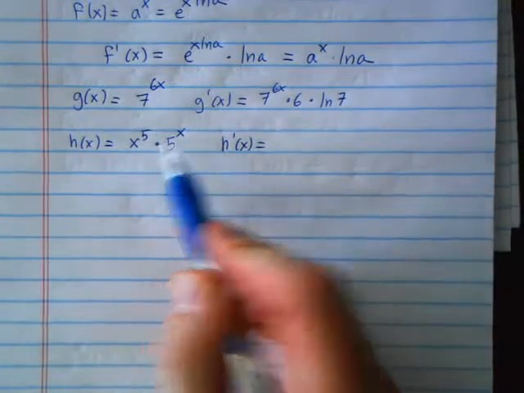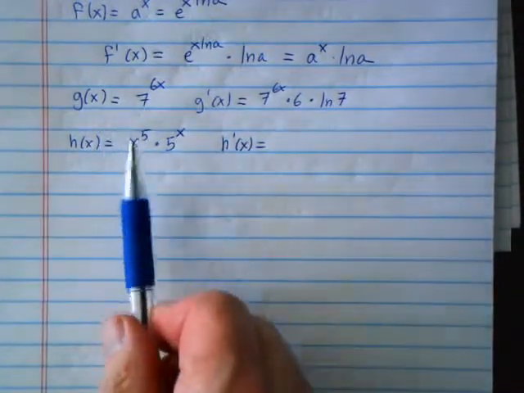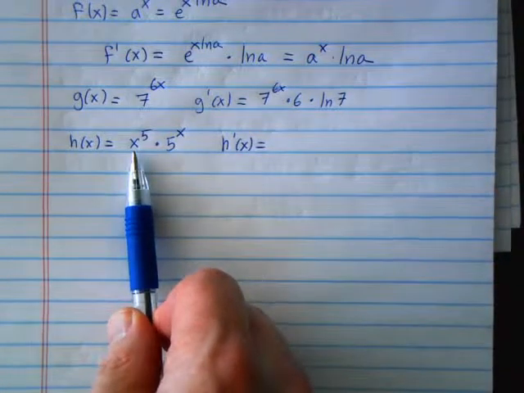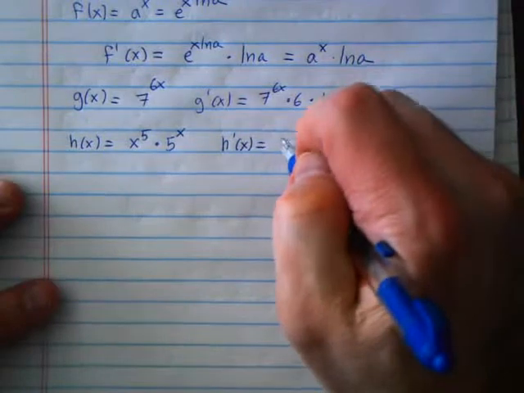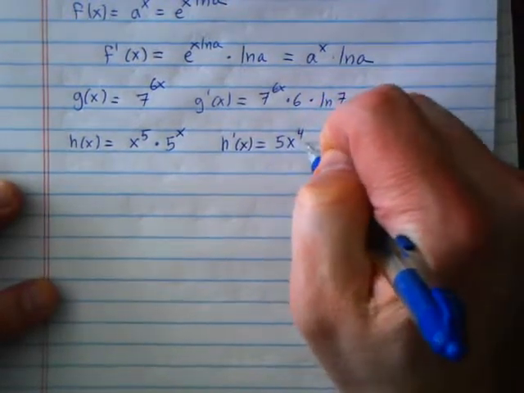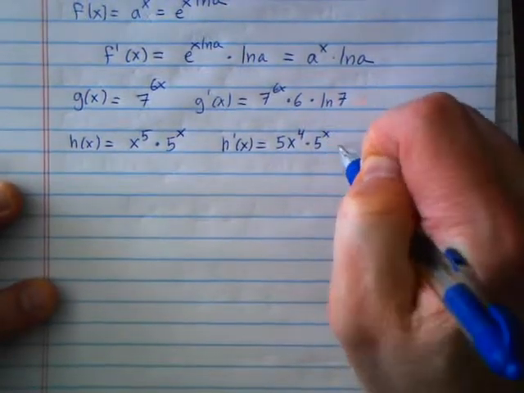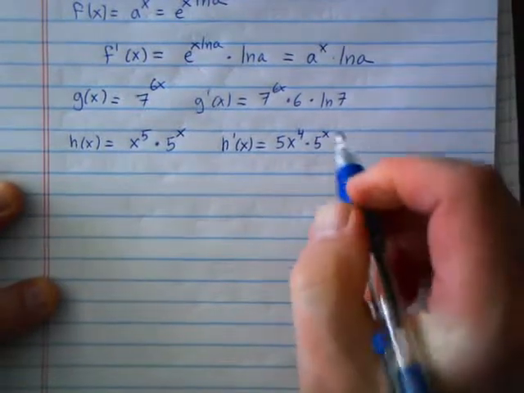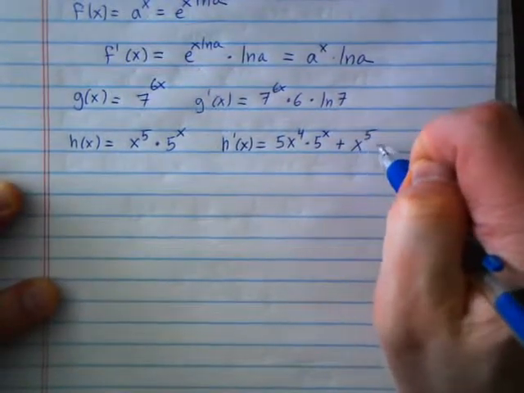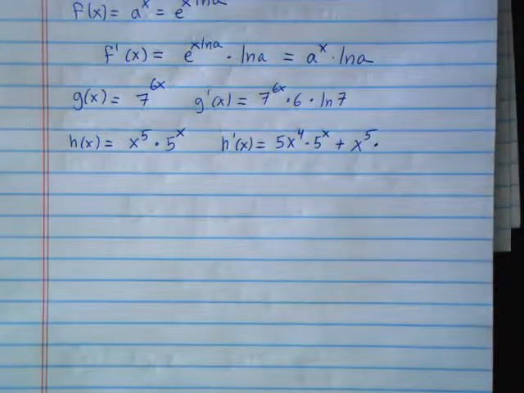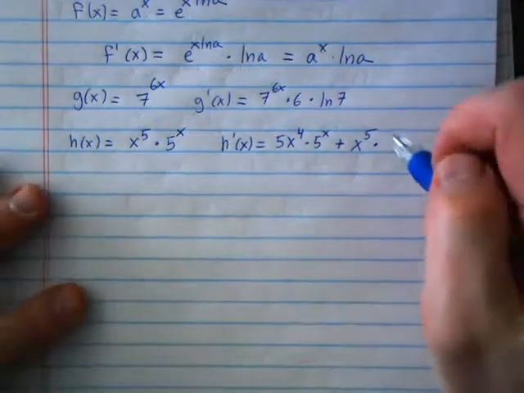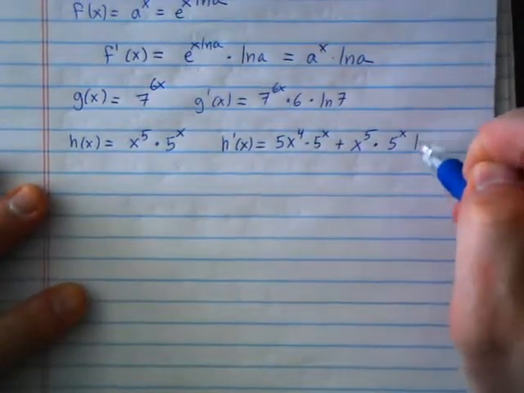So I take the derivative of the first one. What's the derivative of x to the 5th? 5x to the 4th, and I leave the 5 to the x alone, plus I leave the x to the 5th alone and take the derivative of 5 to the x. That's 5 to the x ln 5.